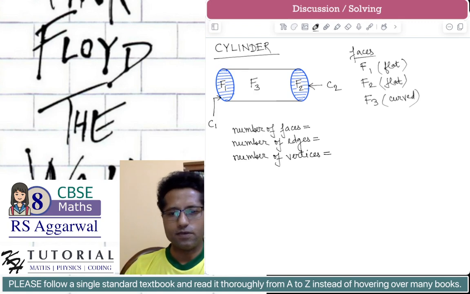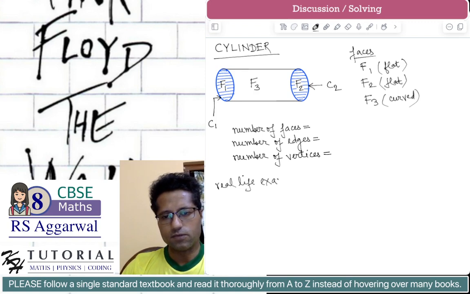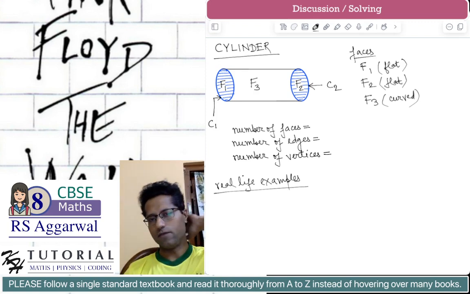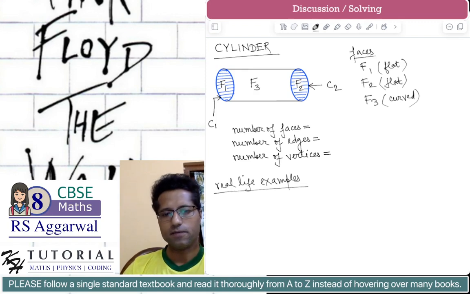Now, real life examples of a cylinder. You already know the shape of a cylinder, and you are already aware of real life objects that have a shape similar to a cylinder. You can say a straw.